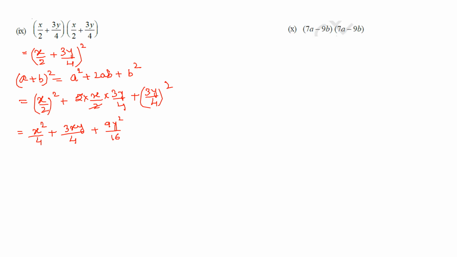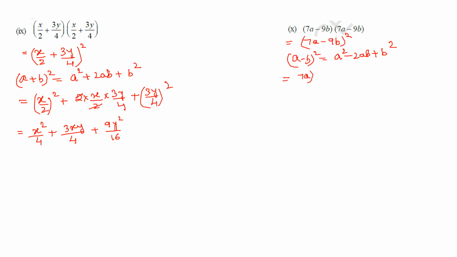Last one. Now these questions are not very tough, so you can pause the video and solve by yourself. So this question I can write as 7a minus 9b whole square. So you can see that it is in the form of the identity a minus b whole square, which is equal to a square minus 2ab plus b square. So here your a is 7a and b is 9b.